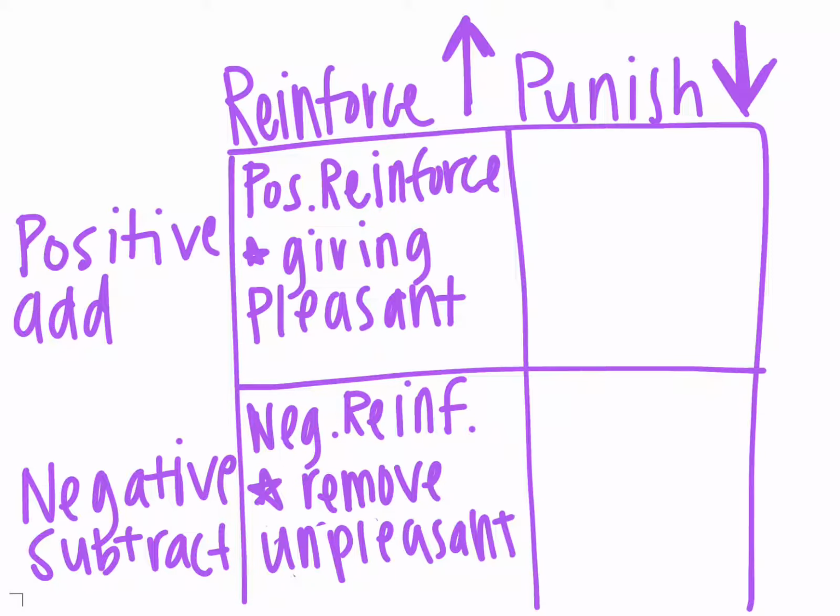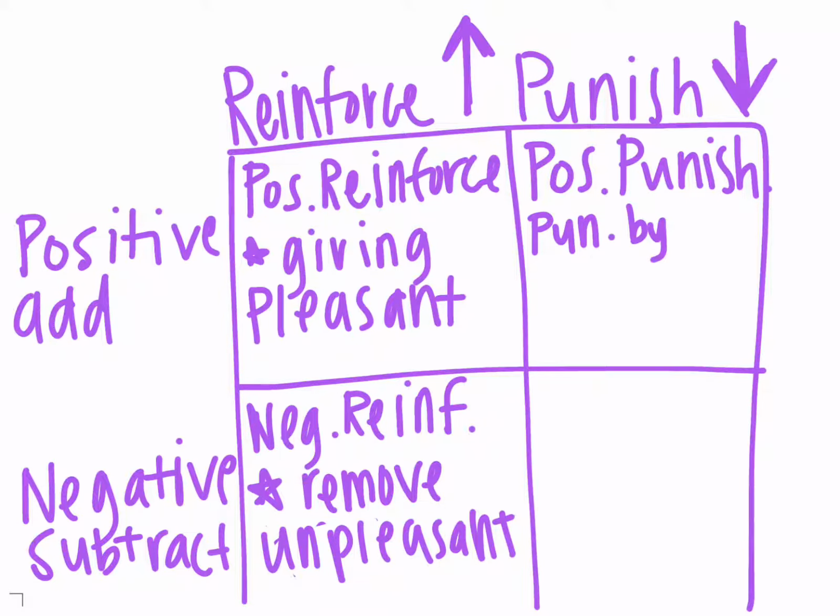So over here, you can have positive punishment. Positive punishment can also be called punishment by application. And if you're punishing someone, you want to decrease a behavior and you're giving something, you're adding something.